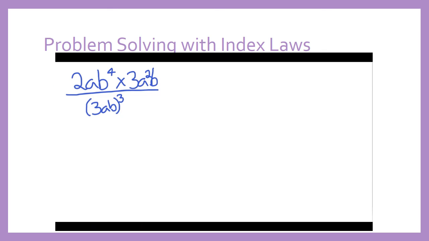Okay, so now we are going to solve this problem. We're going to simplify it. The first thing we're going to look at is this term here, because this is the index power rule. So I'm just going to write the top line the same, and I'm going to apply the index power rule to that bottom line.